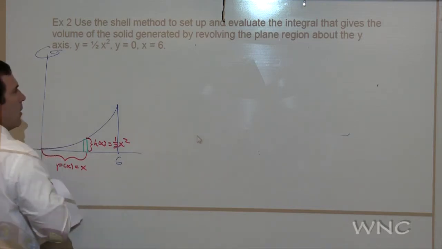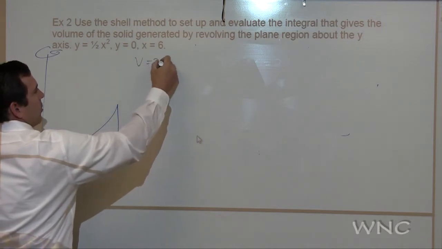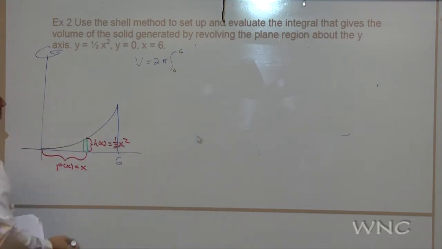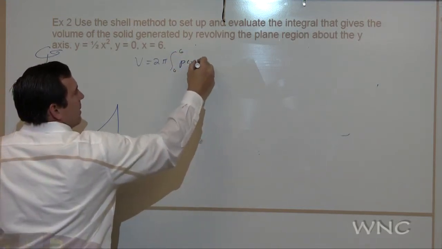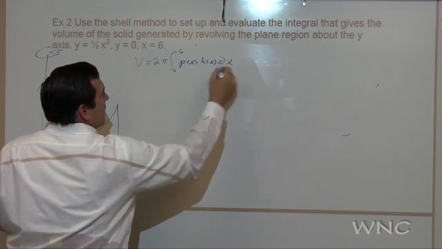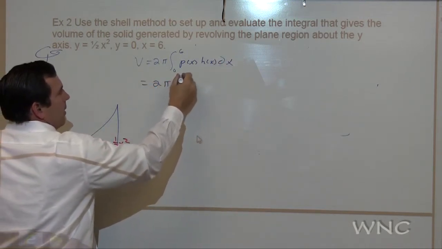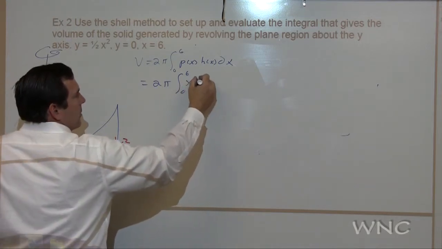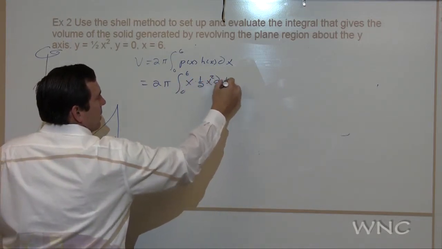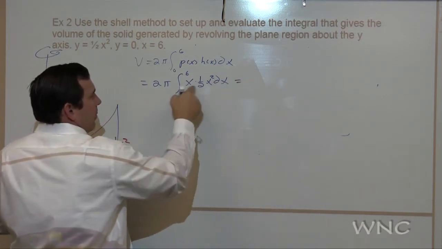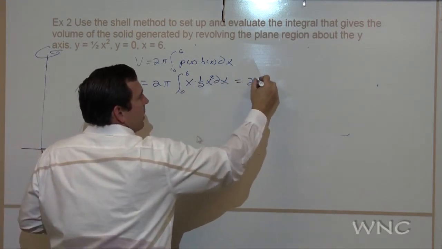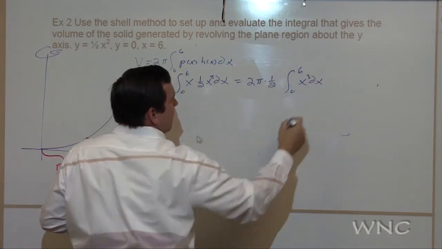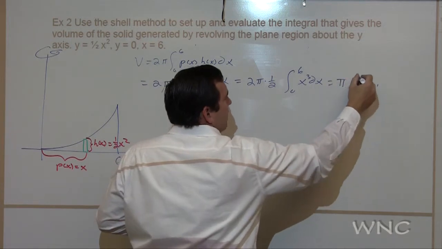So again, volume is going to be 2 pi times the integral from, in this case, 0 to 6 of P of x, H of x dx. So it's 2 pi times the integral from 0 to 6 of x times 1/2 x squared dx. Now I can pull this 1/2 out front. It's 2 pi times 1/2 integral from 0 to 6 of x cubed dx. It's pi times what?